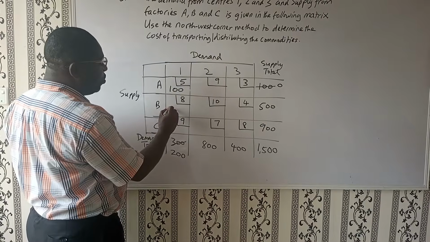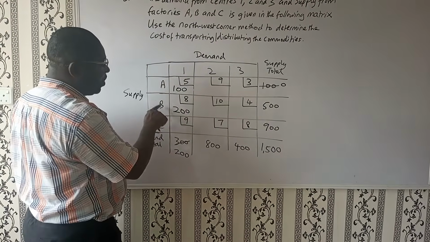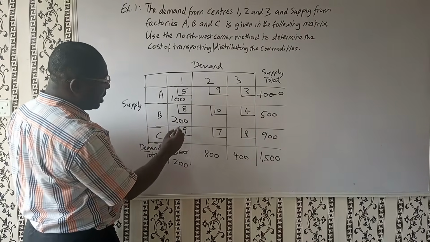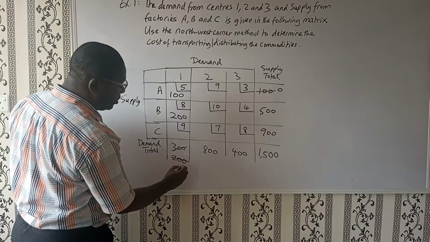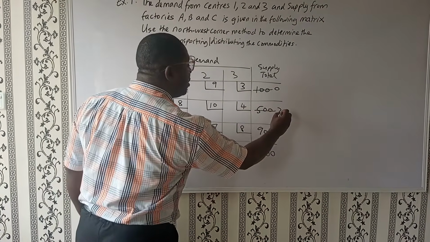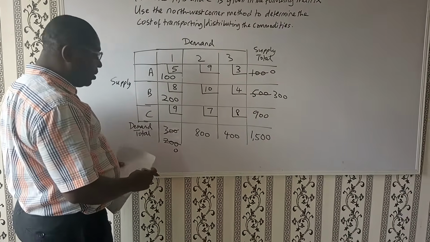So what we'll do, we'll exhaust the 200 here from factory B. So this cancels out the 200, and this is reduced further by 200, so that we have 300 on that side.